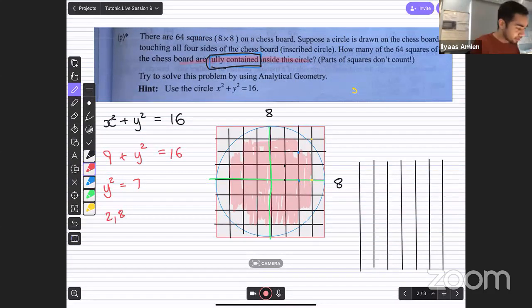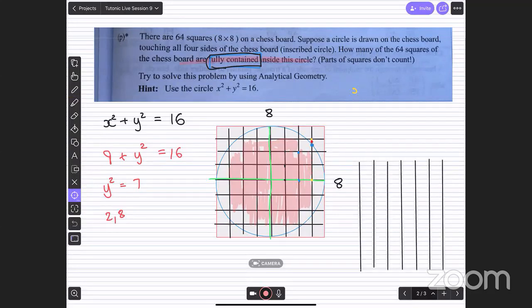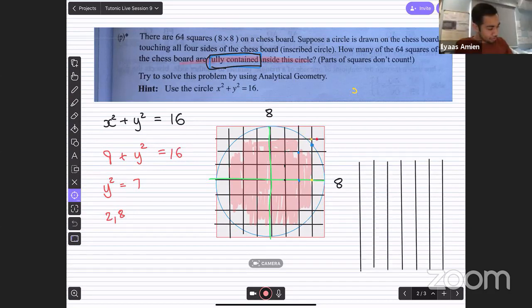Let's just say it's here. Is that inside? No, it's on the line. The circle is inside, but the square is outside. Therefore, that square doesn't count.